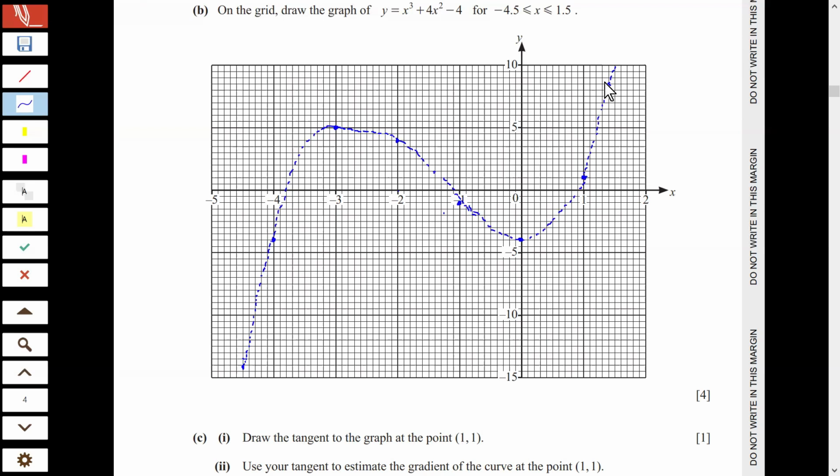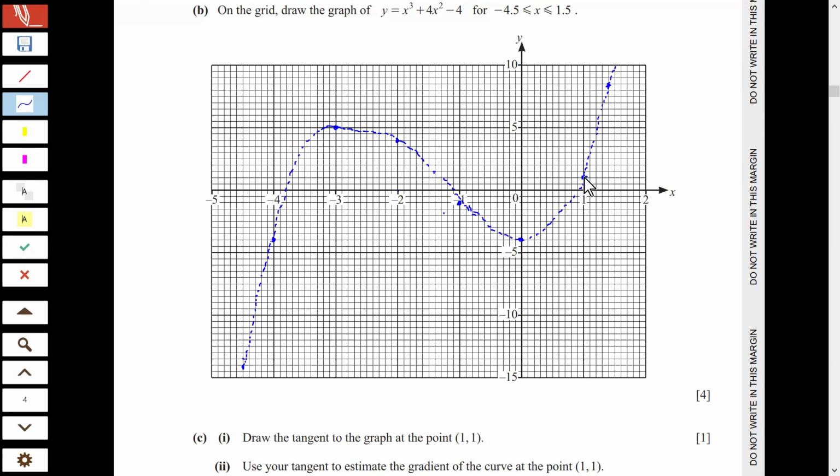Now the question that follows says, draw the tangent to the graph. The tangent is a line that touches the edge of the curve, and we are drawing the tangent to the graph at the point (1, 1), which means the x and y coordinate of 1 and 1. This is the point where the tangent will touch the curve.